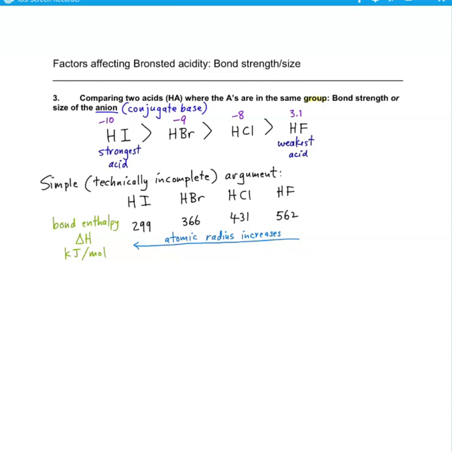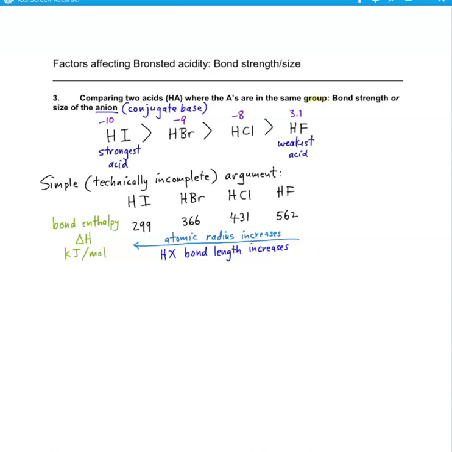As that's happening, in each of these HX bonds, H is getting farther and farther away from the halogen. So what's also happening with that increase in the atomic radius is that the HX bond length is also increasing. So remember from general chemistry, the longer the bond, the weaker the bond.